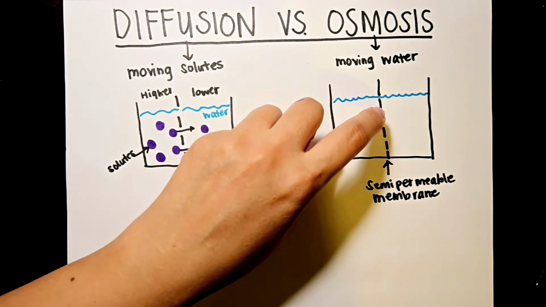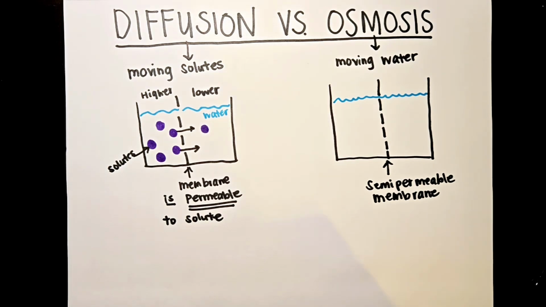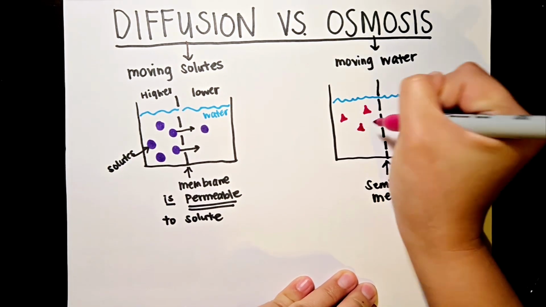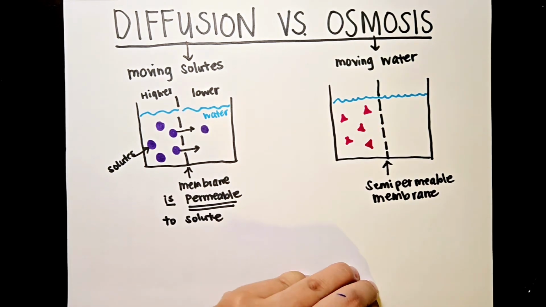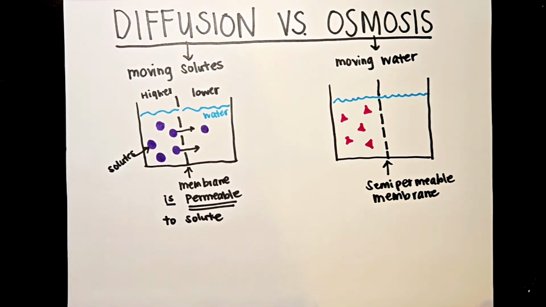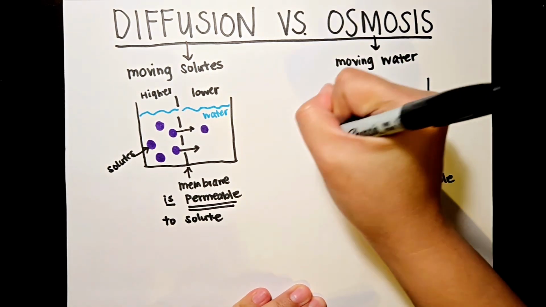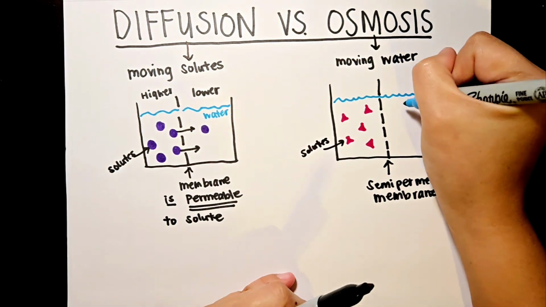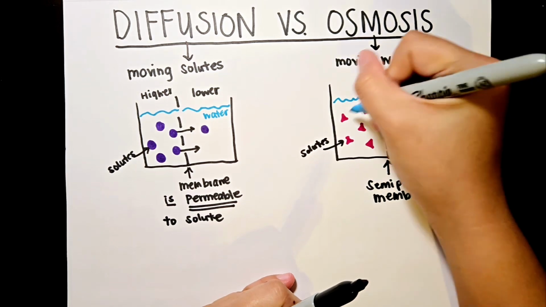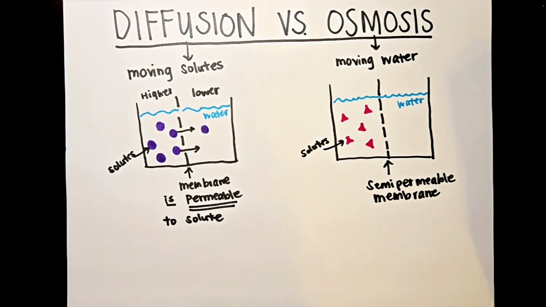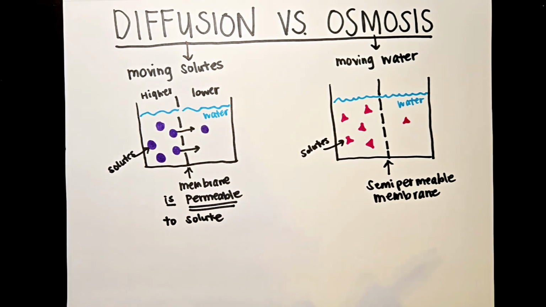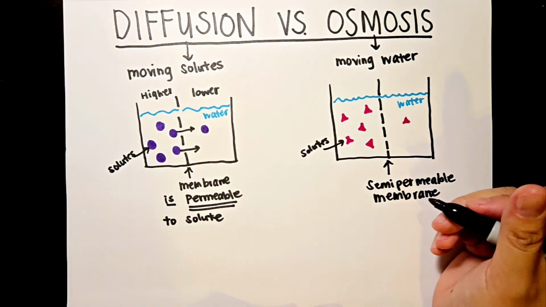Now this particular membrane is not permeable to another type of solute. Those pink are solutes, and blue is water in both parts of the container. And you have, again, fewer solutes on one side and more solutes on the other side.